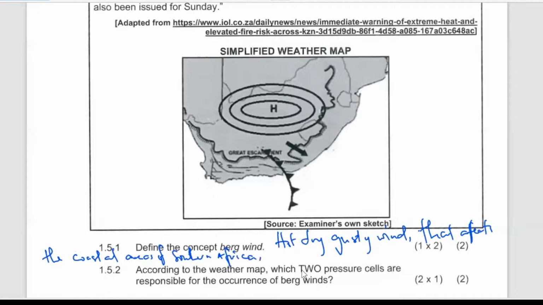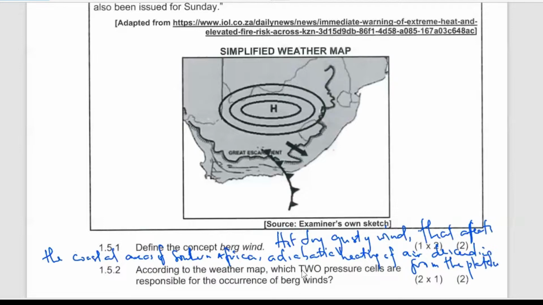And how does it result? It results from adiabatic heating of air descending from the plateau.